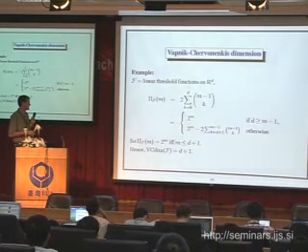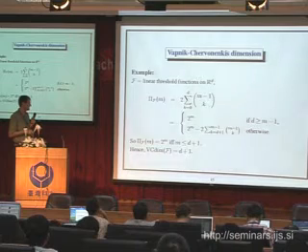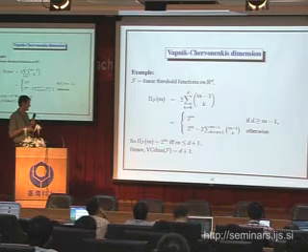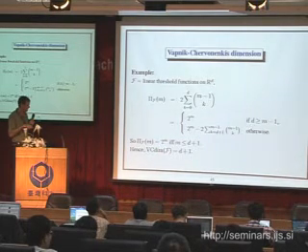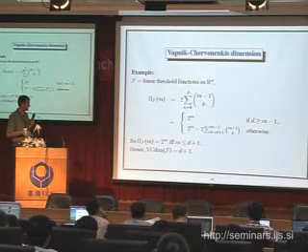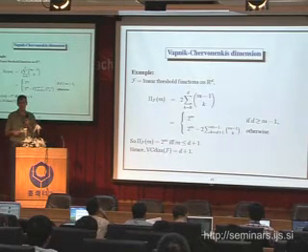When it's bigger, it's strictly smaller. So the growth function evaluated at m shrinks below 2 to the m as soon as m gets bigger than d plus 1. Well, this tells us that the VC dimension is equal to d plus 1.